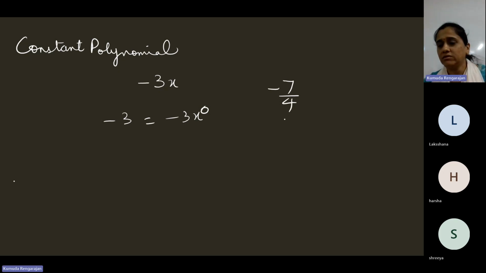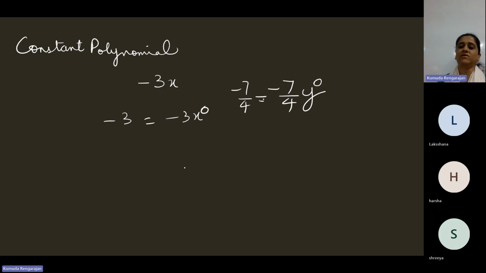There is no variable, so write y. But if you simply write y, it's not the same. So say y to the power 0. What is y to the power 0? 1. And what is 1 into -7 by 4? -7 by 4. So -7 by 4 is the same as -7 by 4 y to the power 0. Use any variable, a, b, c, d, any variable you can use.